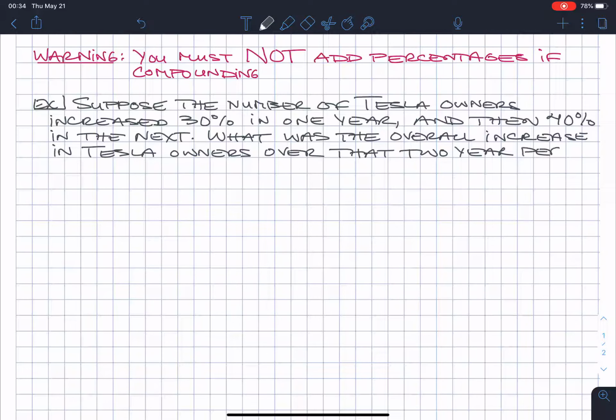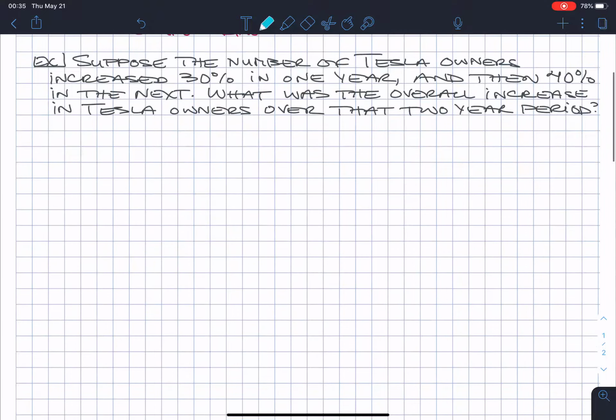And you might say, well, that's easy. It's 70%, 30 in one year and 40 the next. And that's where we are wrong. This is what it means to not add percentages. So let's show why that's not true.